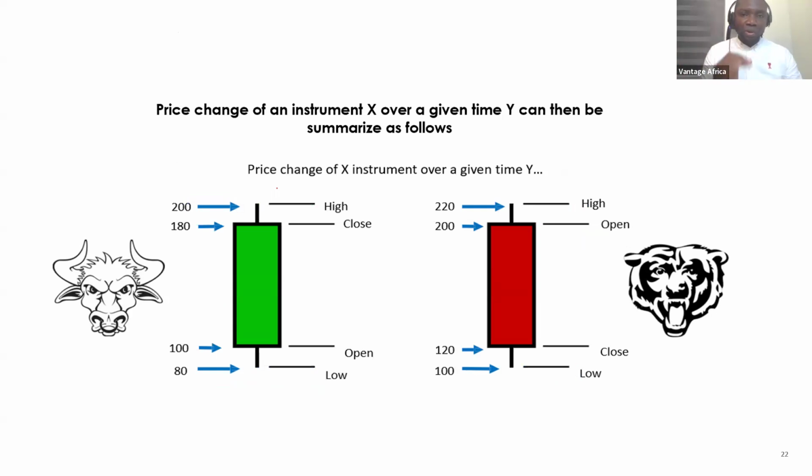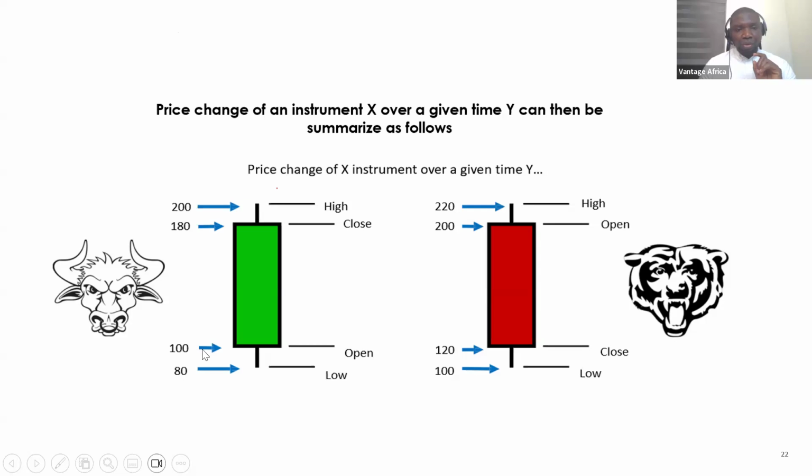Now, we talked earlier about the open, high, low, and close. So how does that work? Let's look at this now. This candlestick opened low and closed high, so automatically it became a green candlestick, right? But let's look at something here. Price opened at 100. These are just numbers to help you understand what we are talking about.